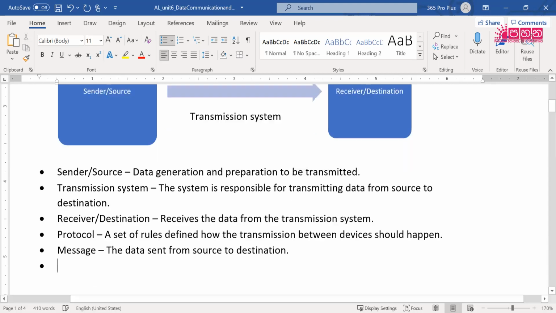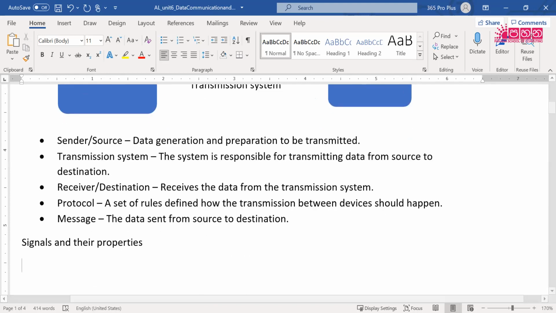So let's write down the topic: signals and their properties.